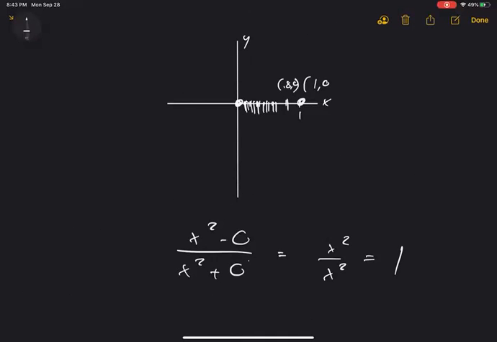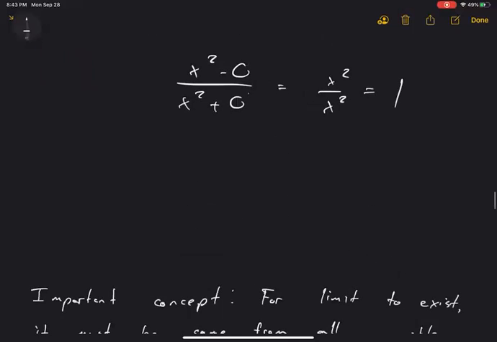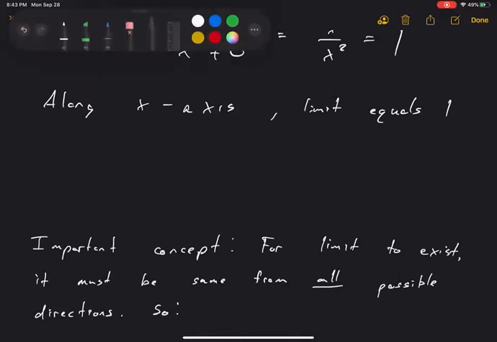So what's the limit along that x-axis? Well, the limit's going to be 1, right? So along that x-axis, limit equals 1. How could we write that in a kind of mathy way?